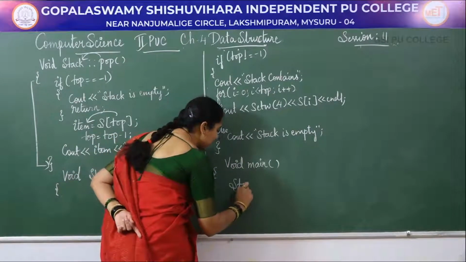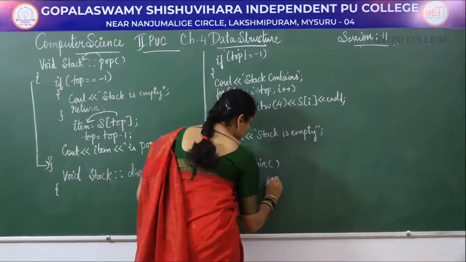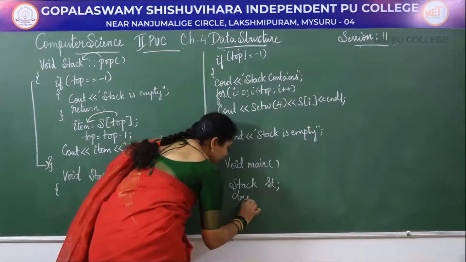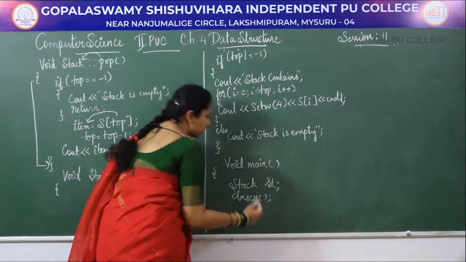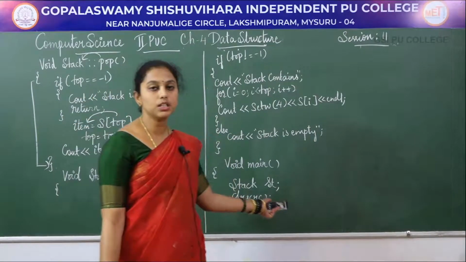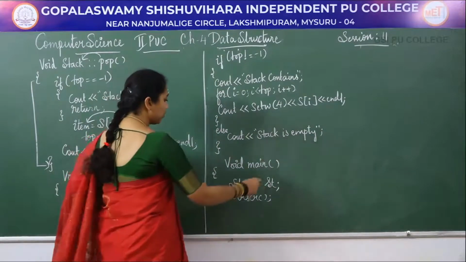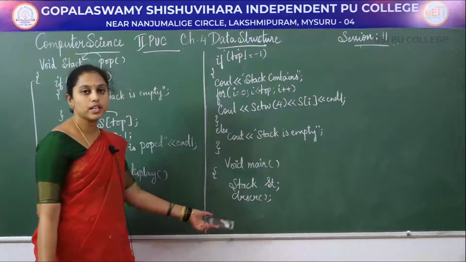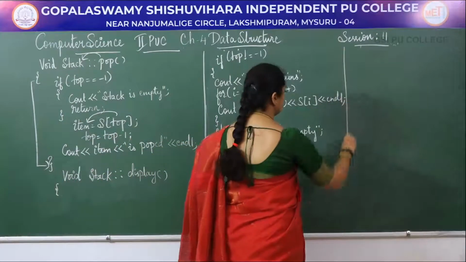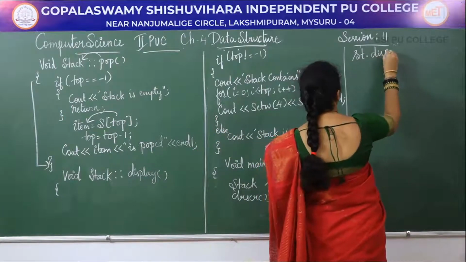The class name is stack, followed by the object name st. Then I am using the clear screen function, which is used to clear the previously generated output of the program on the console output screen. Now I am calling the functions using the object, that is st dot display function.